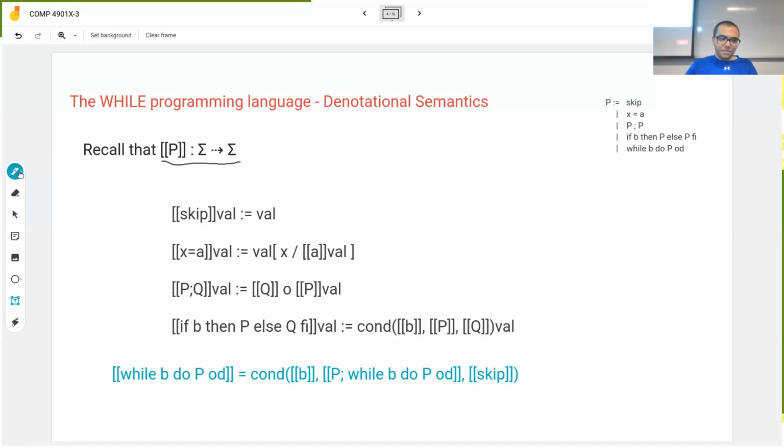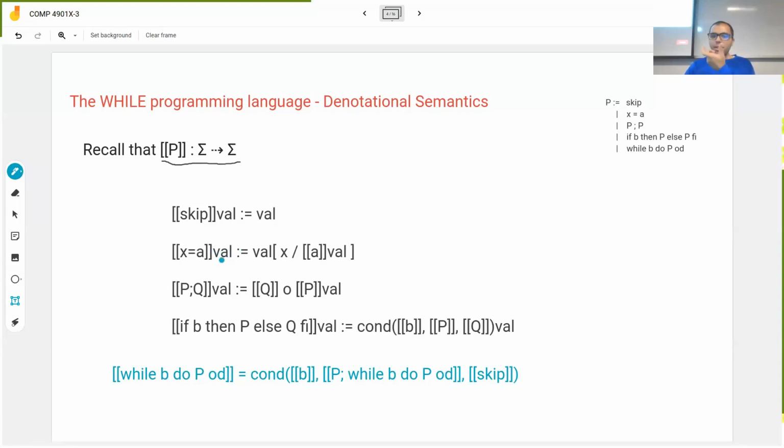Okay. This is easy. Now, the next one is when I'm doing an assignment. This one is also easy because I've already defined how to evaluate a particular expression. So if my program is just x equals a, what is the meaning of this program when it starts at a particular valuation val?